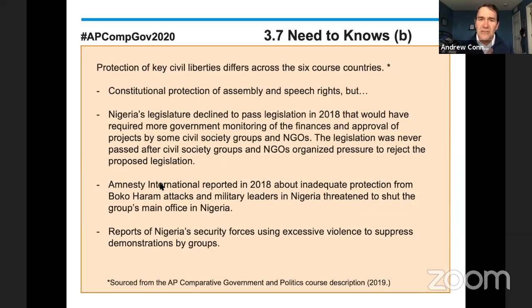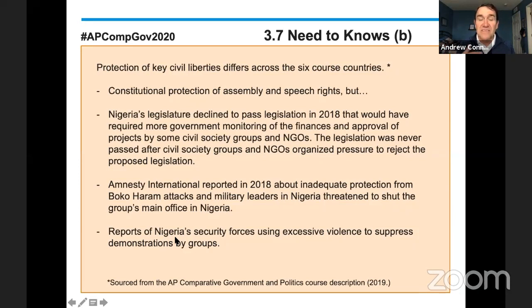This international NGO, Amnesty International, criticized Nigeria's military, and military leaders in Nigeria threatened to shut Amnesty International down. So that's where you see some authoritarian tactics, even though Nigeria protects the right to free speech and the right to assembly. You have seen some authoritarian tactics in Nigeria.